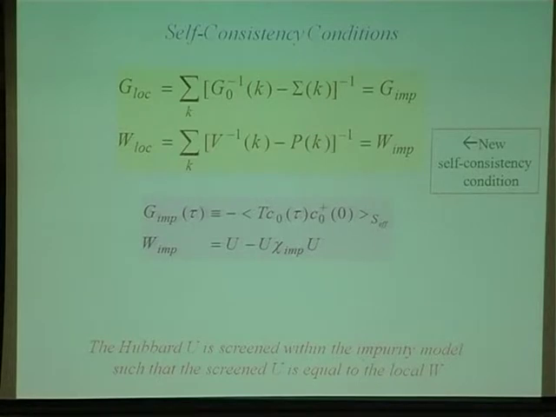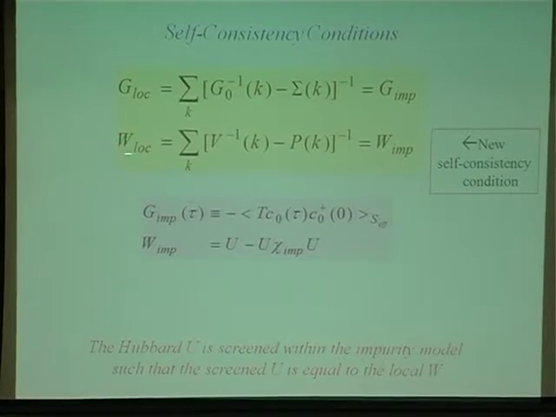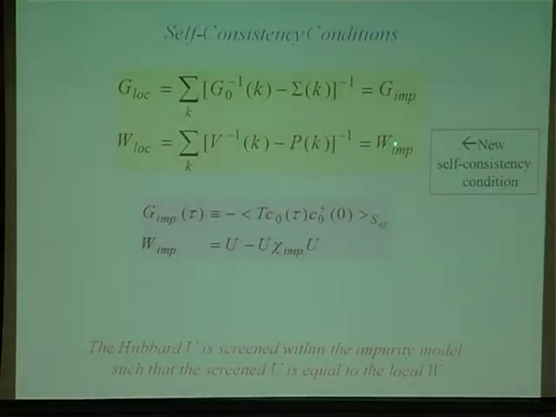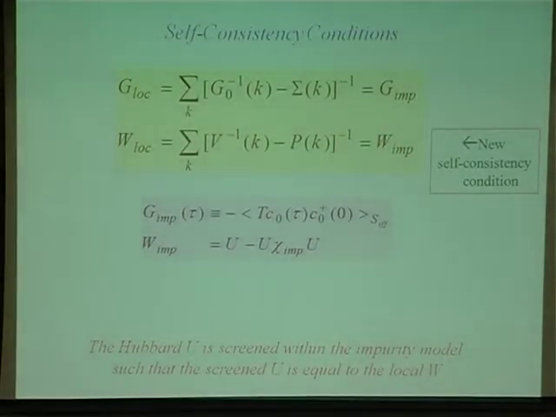With that, this scheme generates additional self-consistency conditions. This is the original self-consistency condition in DMFT. And in addition to this, we have a new self-consistency condition for the screened interactions, where we require that the local projection of the screened interaction should be equal to the screened interaction of the impurity.